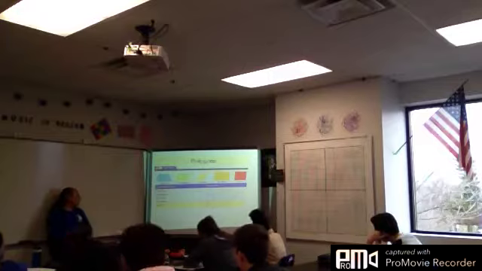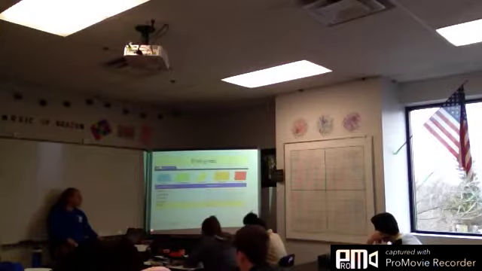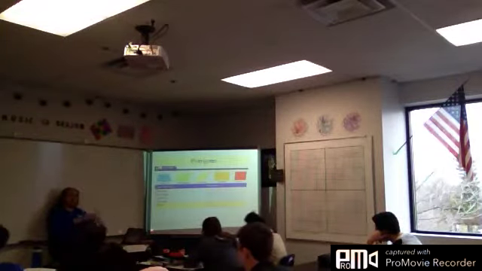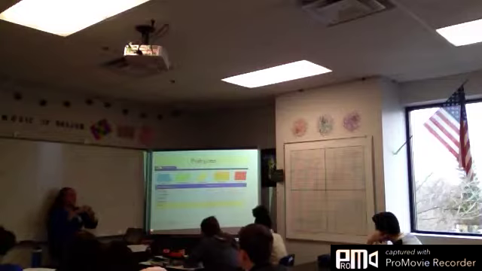A rectangle is a parallelogram with 4 right angles. A parallelogram doesn't necessarily have to have 4 right angles, but when it does, it becomes a rectangle. So some of these can be 2 things. A rectangle, I can classify as rectangle, and I can classify as parallelogram.